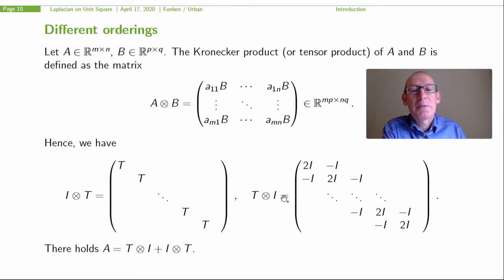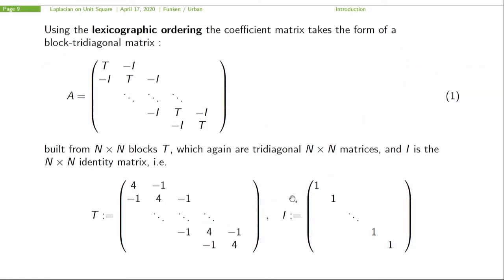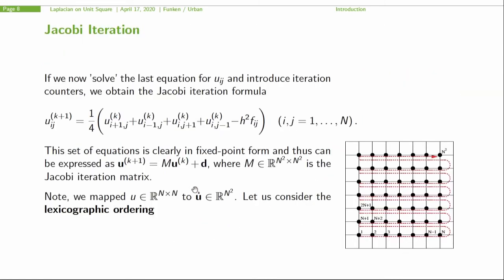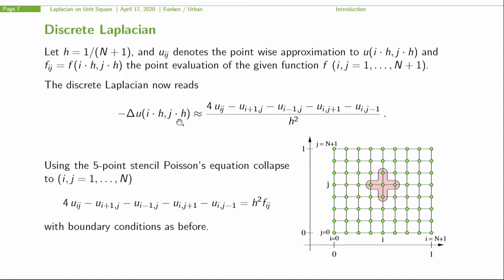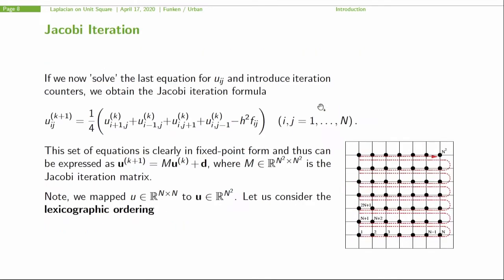And now if you add both matrices, have a look at the matrix itself: you have 4 on the diagonal and minus 1 in the off diagonals.